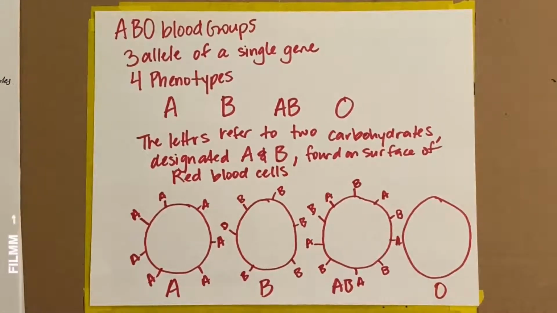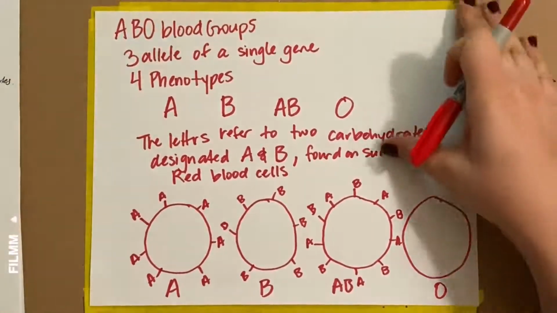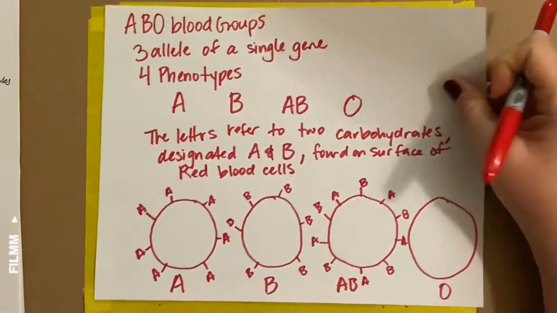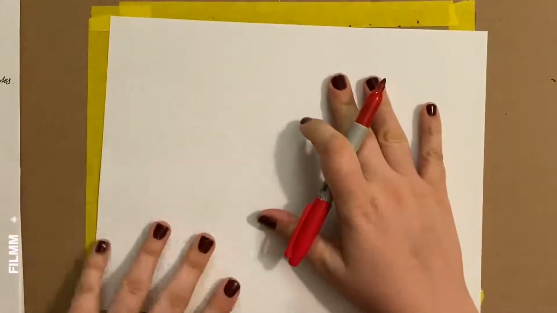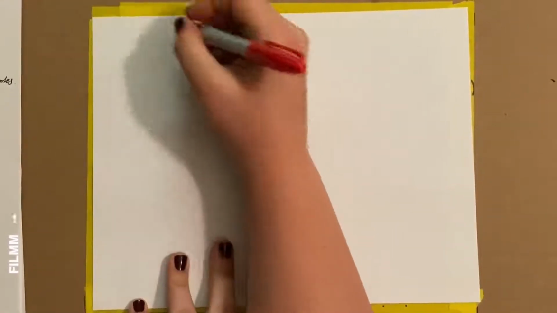Blood groups are a little more complicated, so I'm going to show you what the genotypes look like, because it will come up in lab. When you have 3 alleles, you have 6 possible genotypes.